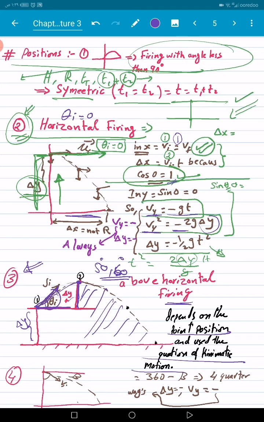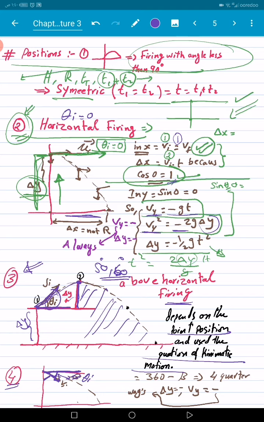Last part, when I'm firing below the horizon. So that is the horizon, I'm firing, sorry, below. So my angle is here, beta. That is my firing angle, or theta i, and that is the angle you know. So how do I know this angle?